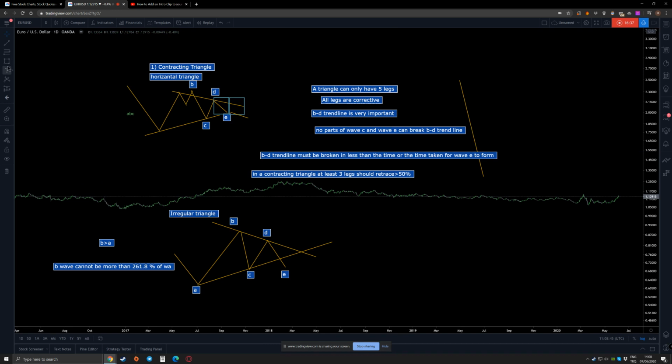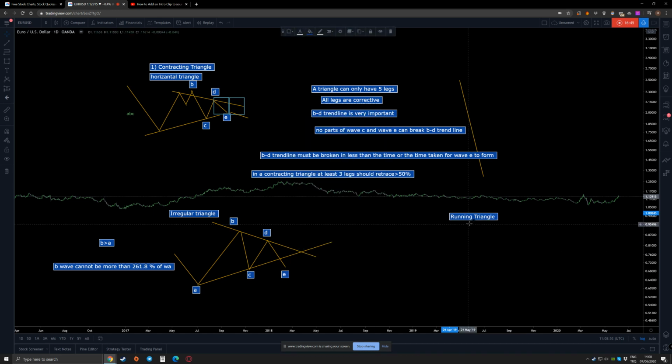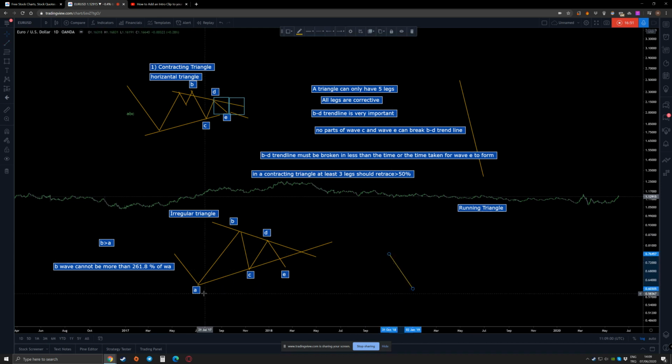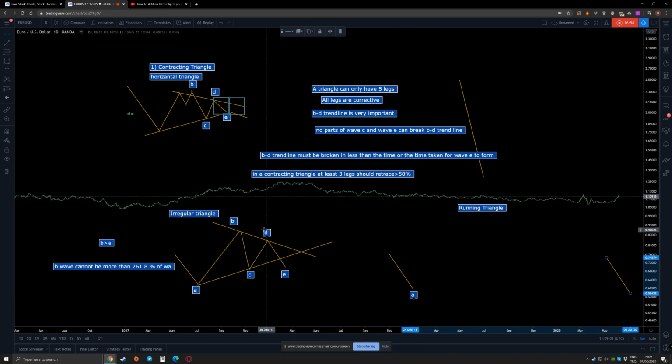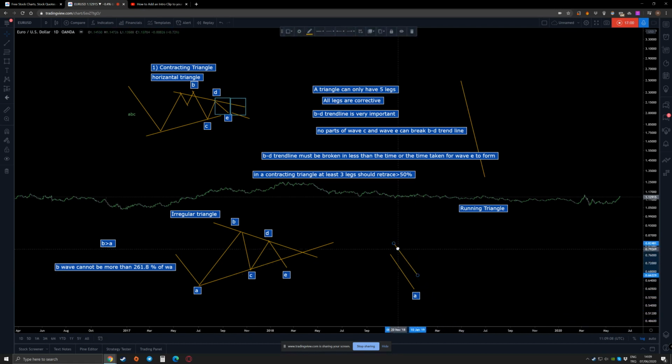Now you can have a running triangle too. In this running triangle, the situation is a little bit different. Why? Because you have a wave A, and I think so far we have never, I didn't even trade one in this forum.